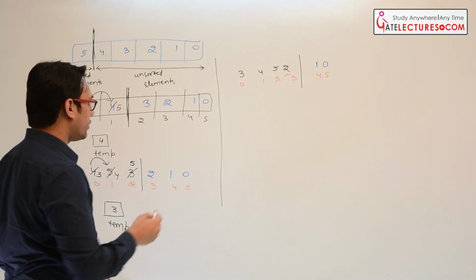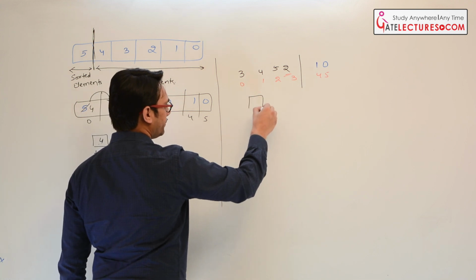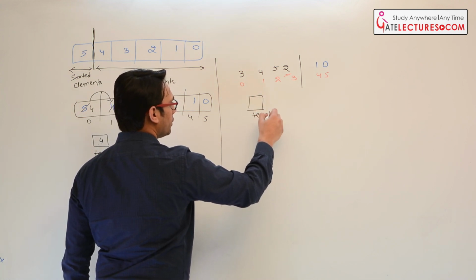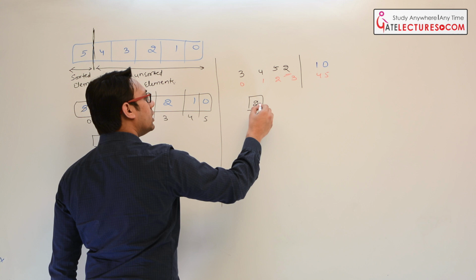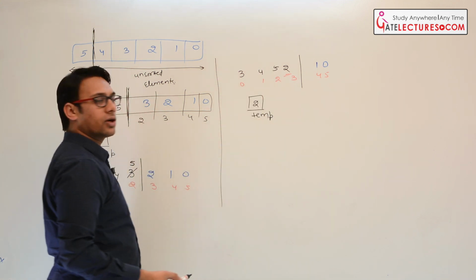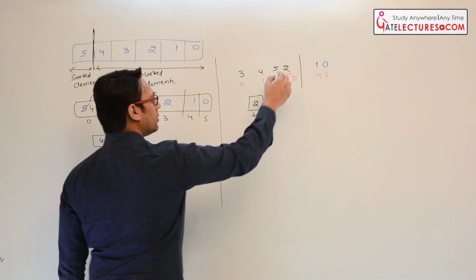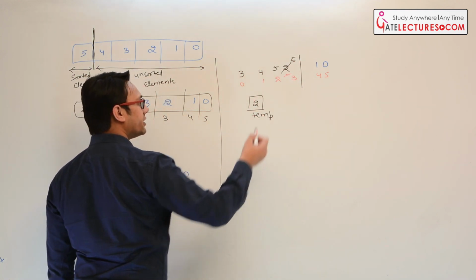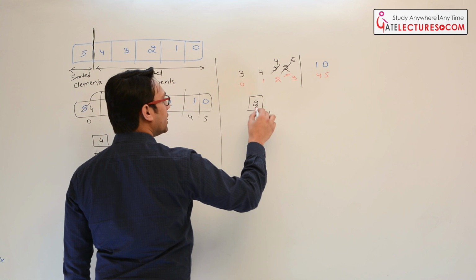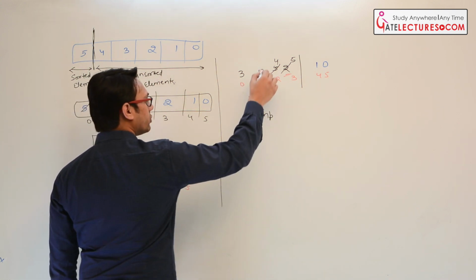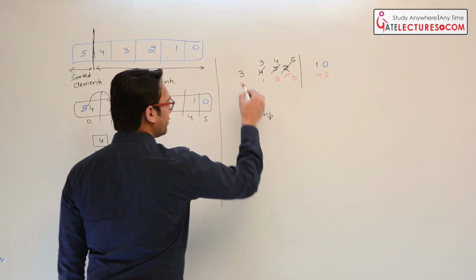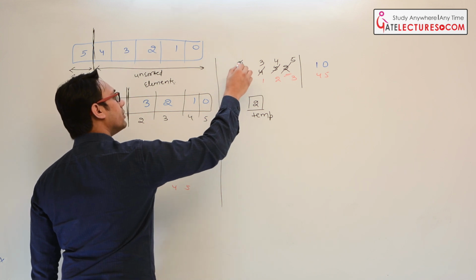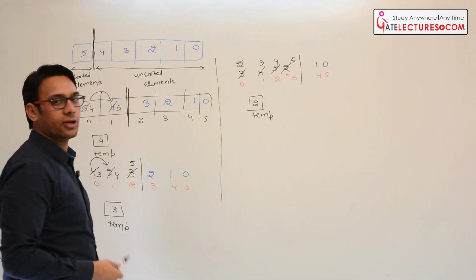Take one more extra temporary variable, temp, and copy this 2 here. Now compare 2 and 5. Because 5 is greater than 2, 5 will be shifted here. Compare 4 and 2. 4 is greater than 2, therefore 4 will be shifted here. Compare 3 and 2. 3 is greater than 2, therefore 3 will be shifted here. Now we can put 2 here. So 2, 3, 4, 5 are already sorted.